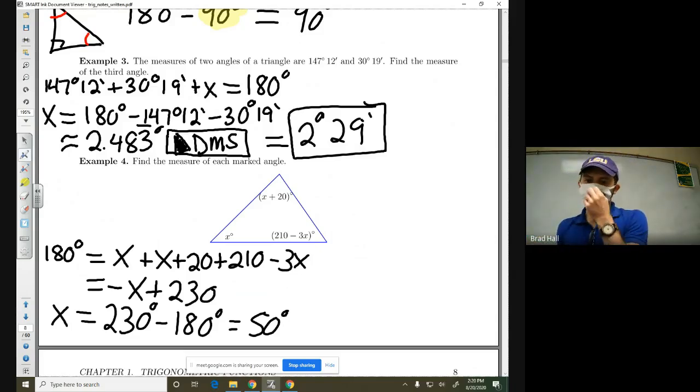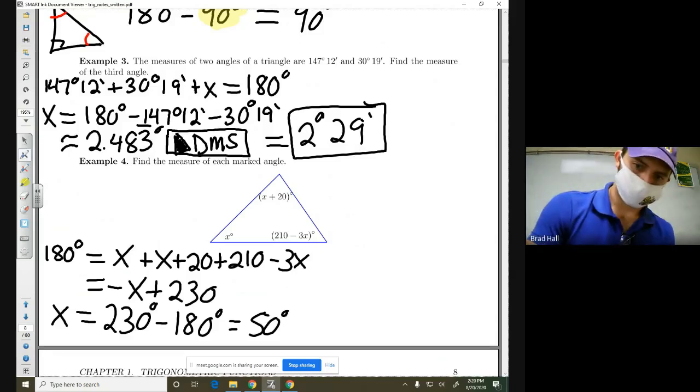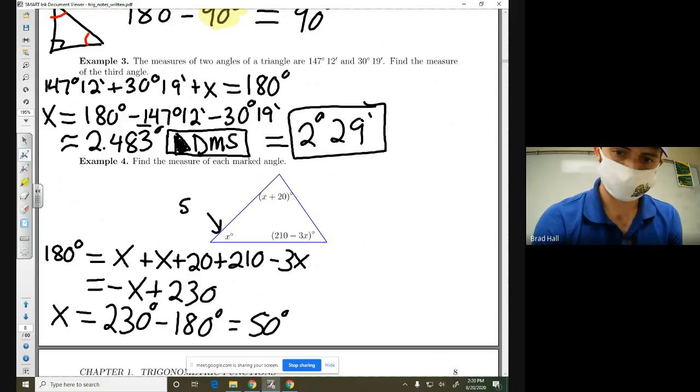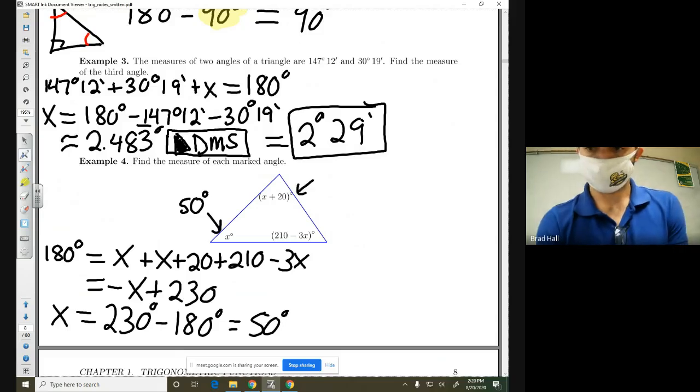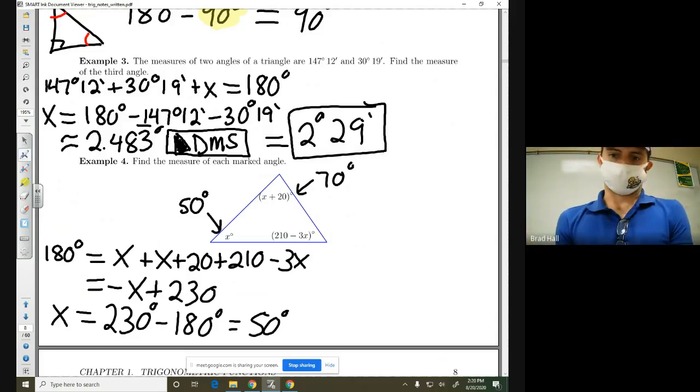And so now that we have x is 50, we're not done yet. We just have to figure out the angle measures themselves. Well, this one solves itself. That one's just 50 degrees because it's just x by itself. Obviously, this one's 70 degrees because it's just 50 plus 20.